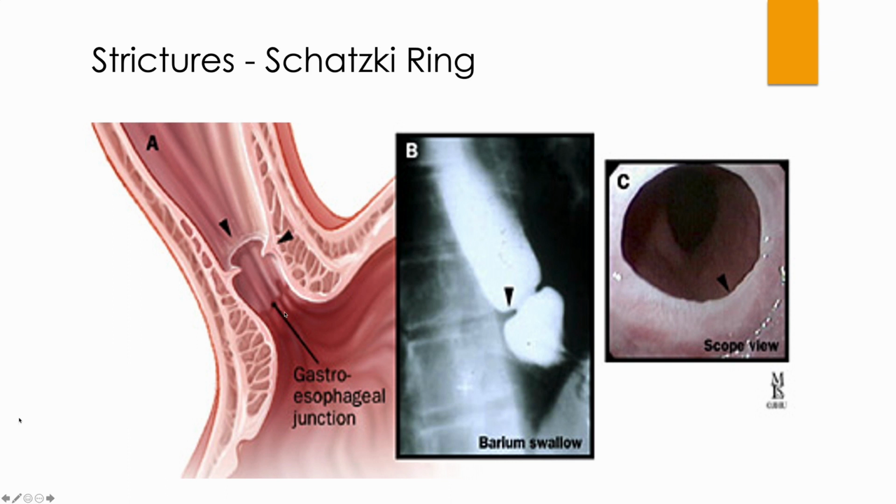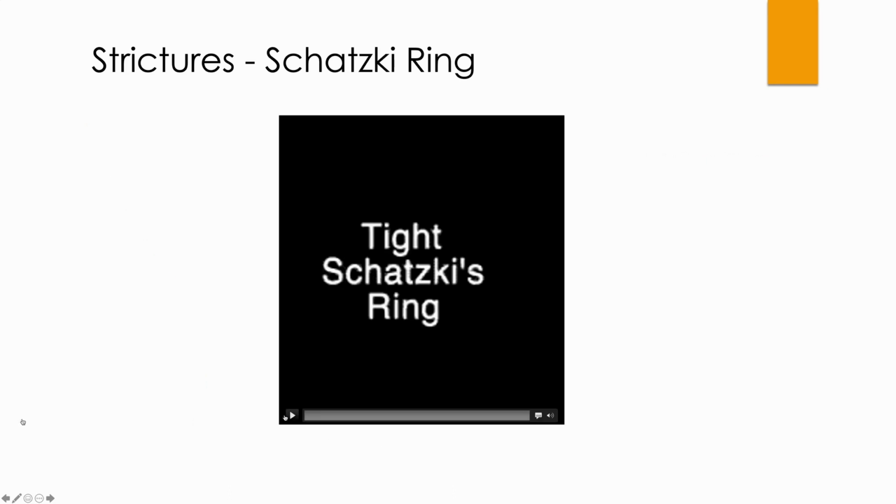Now, Schatzki rings, we said, are lower down than webs, and they are associated with hiatal hernias. And you can see those are Schatzki rings. You can see them really well on barium swallows. I think this is a good barium image for you.